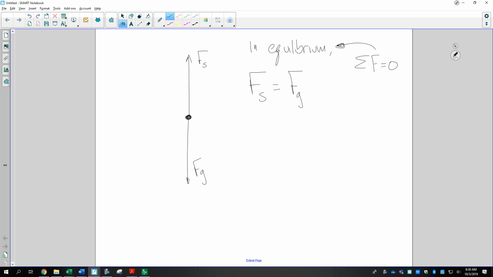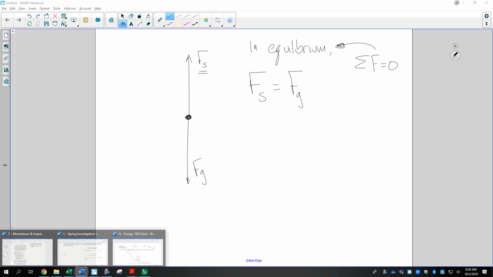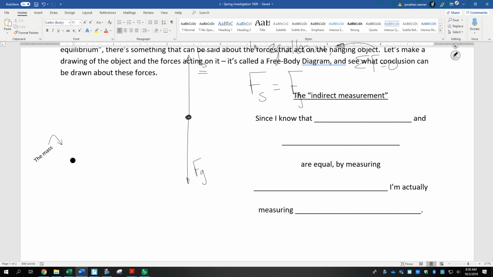So here's the deal. When we try to make a measurement of the spring force, well, that by itself is kind of maybe tricky to do, except we can make what's called an indirect measurement. Since I know one force, and since I know two things are equal, by measuring one thing, I'm actually measuring something else.